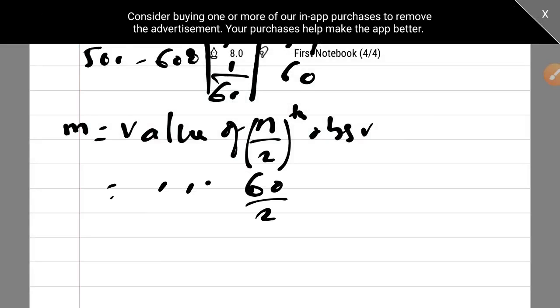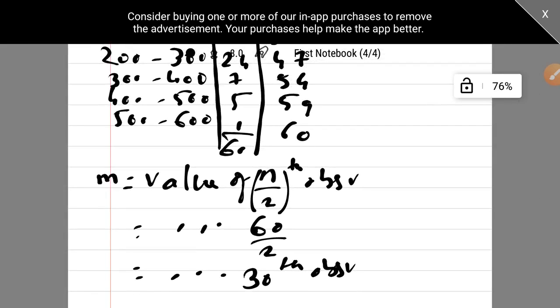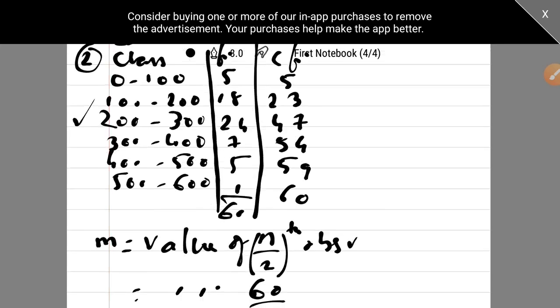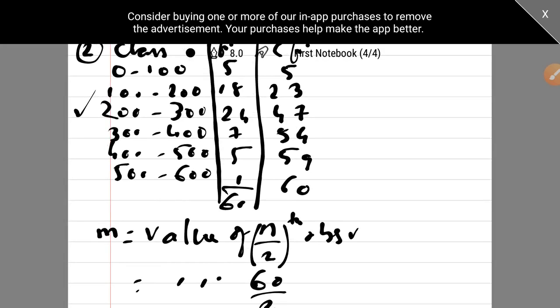So it is 60 upon 2 th observation, so it is 30th observation. Now this is step 2: you have to find in which class the 30th observation is there. Class 200 to 300 is selected, because 23 CF means there are digits up to 23, and 47 CF means there are digits up to 47. So this 30 is between them, and the class 200 to 300 is selected.